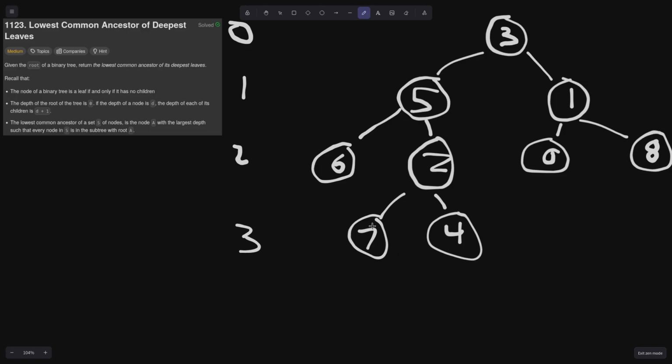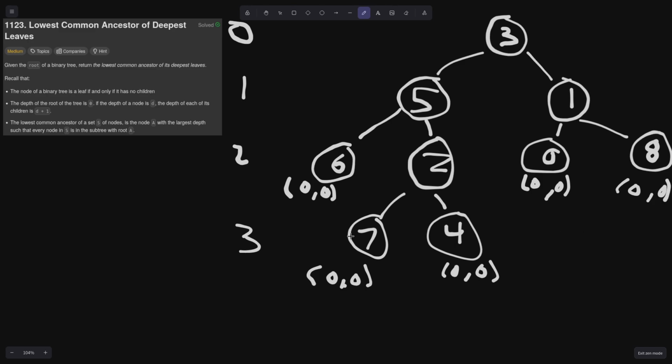For example, the depths of the subtrees on either side of 6 are going to be 0 and 0, since it has no subtrees. I'm going to do this for all the nodes because this information is usually useful and important. So all the leaves are going to have values of 0, 0.